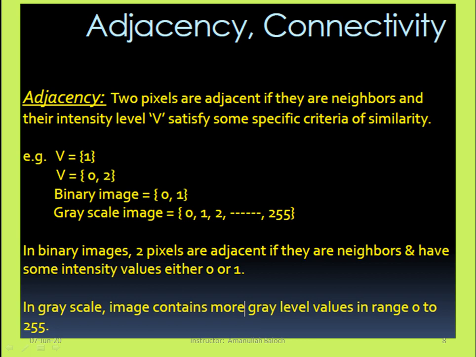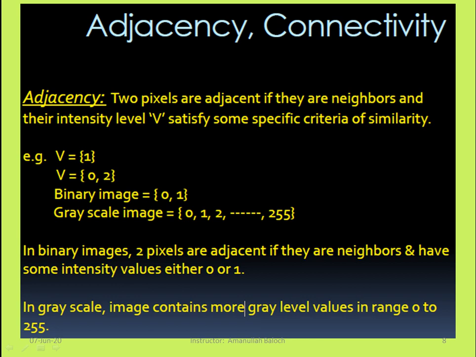For example, we have a set V equal to 1. This one is called the gray level 1. Some other set V is equal to 0, 2. In this set V, we have 2 gray levels, 0 and 2. So for looking at the adjacency of 2 pixels, we will also consider this set V. A binary image has 2 gray levels, 0 and 1.